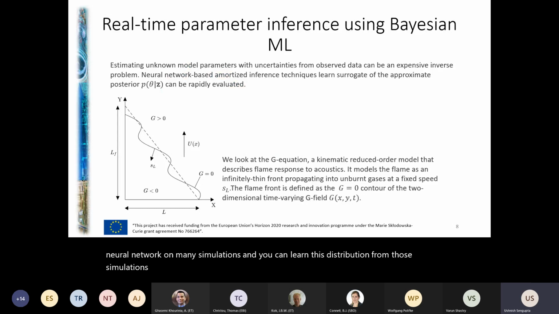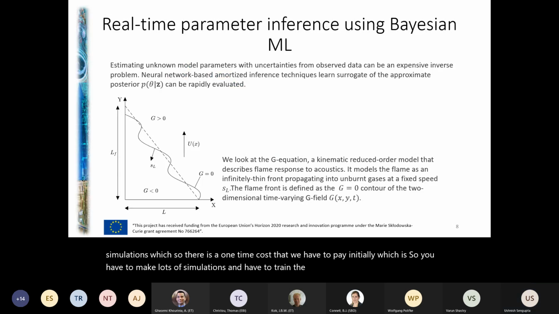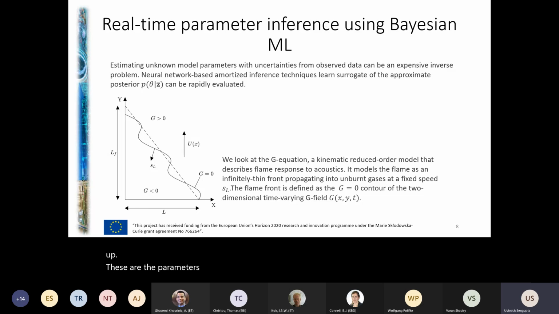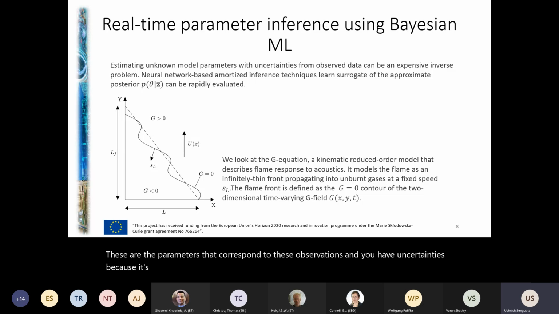So there is a one-time cost that you have to pay initially: you have to make lots of simulations and you have to train the neural network. Once you have trained the neural network, you can infer parameters extremely fast. I just give you an observation, tell me, these are the parameters that correspond to this observation, and you have uncertainties because it's a probability distribution.